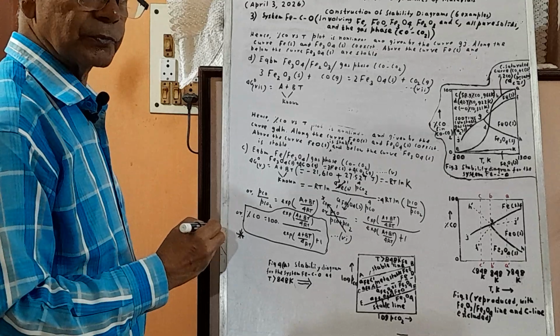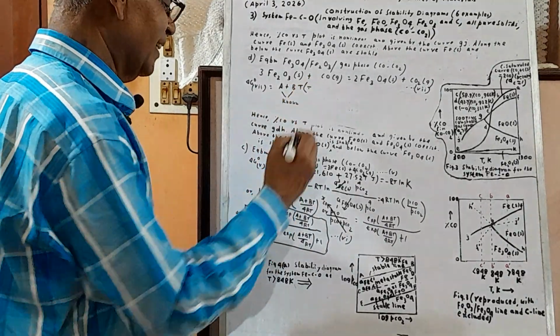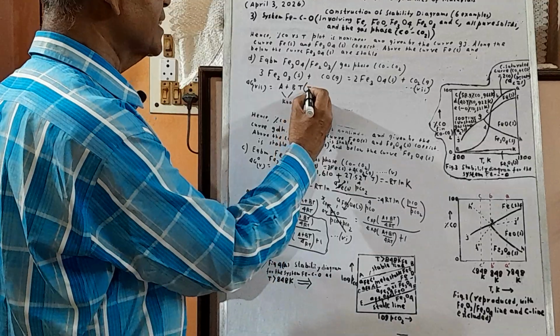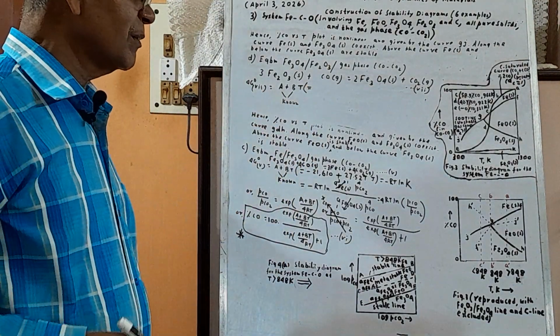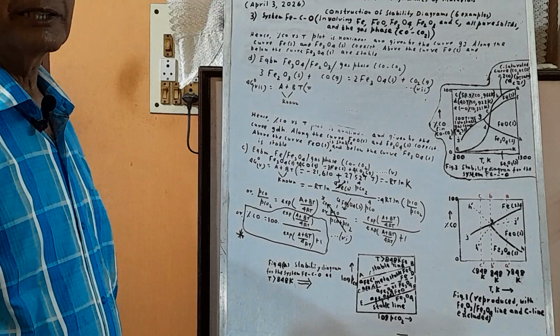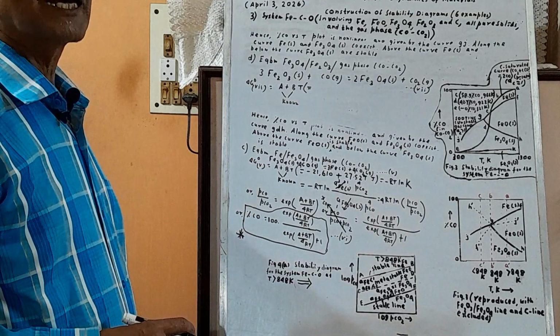A and B are known. Again, as I told you, I am giving you the data. Since I have this data with me, I am just furnishing it, and it may be useful for you.